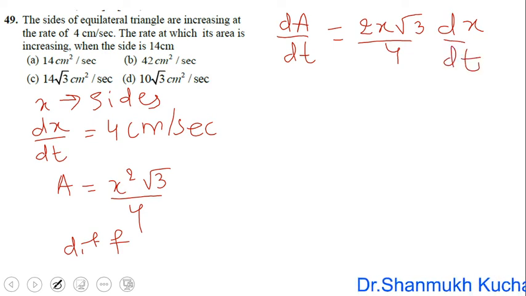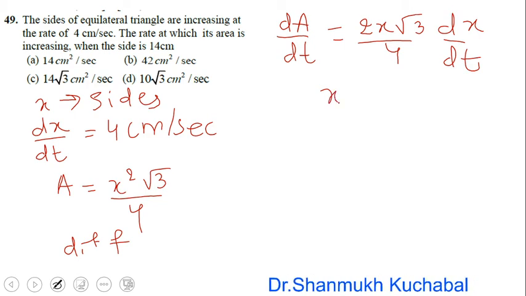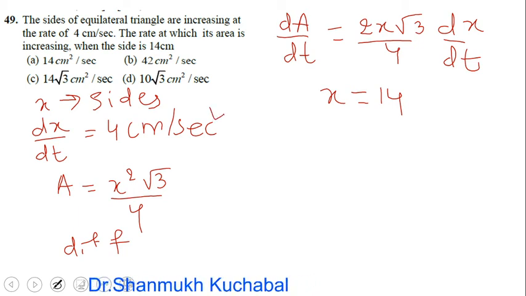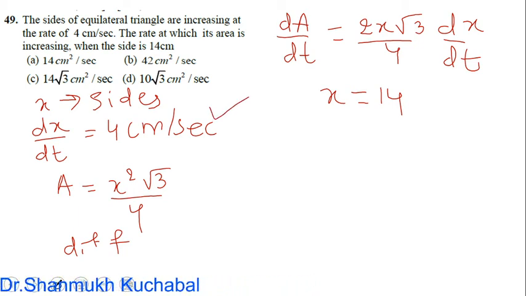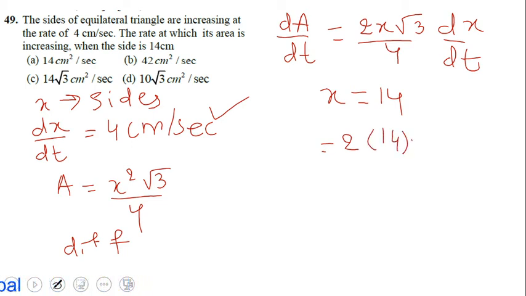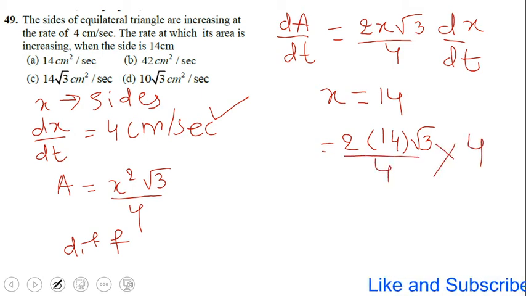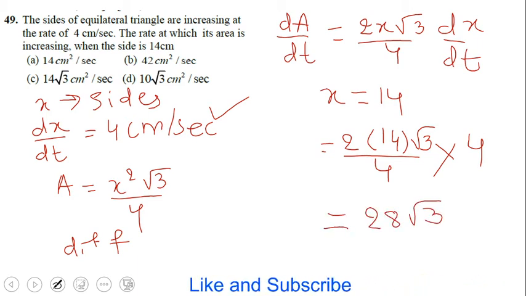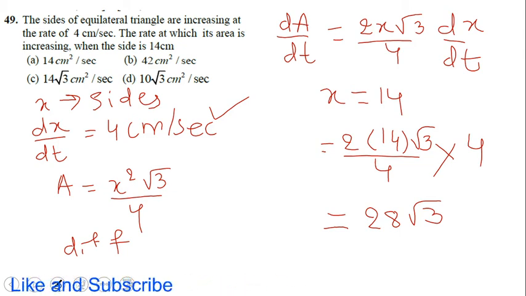Further, we take x as 14 and dx by dt as 4 centimeter per second. Substituting, it is 2 into 14 into root 3 divided by 4, multiplied by 4. Simplifying this, we get 28 root 3. This option is not there. Actually in 2019 for this particular question they got a grace mark. So the correct answer is 28 root 3 here.